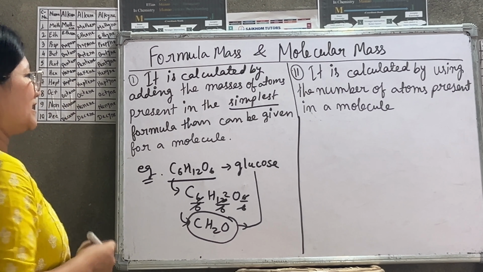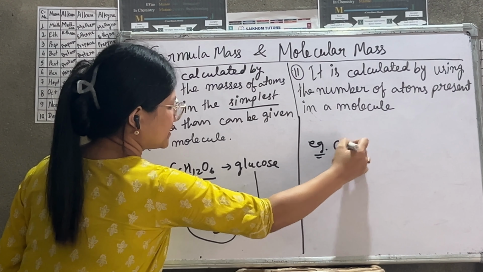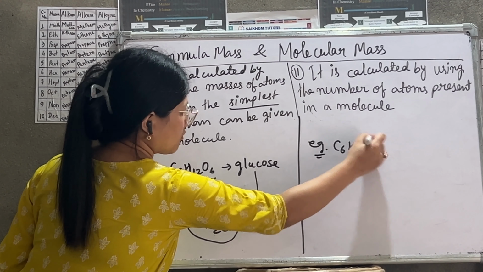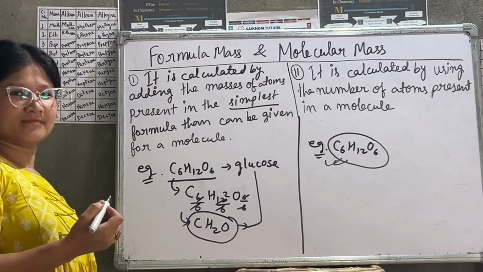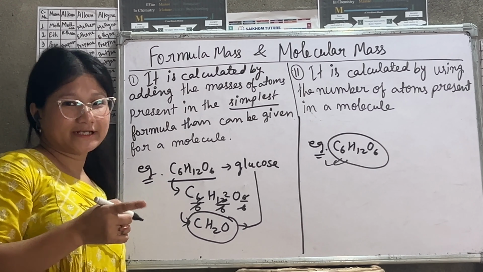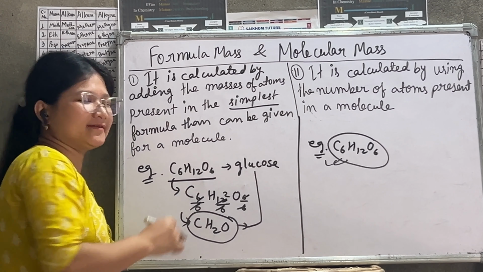Clear? But in the molecular formula, you have to calculate C6H12O6 for glucose as it is. You don't need to convert this into the simplest unit. The difference is only that.